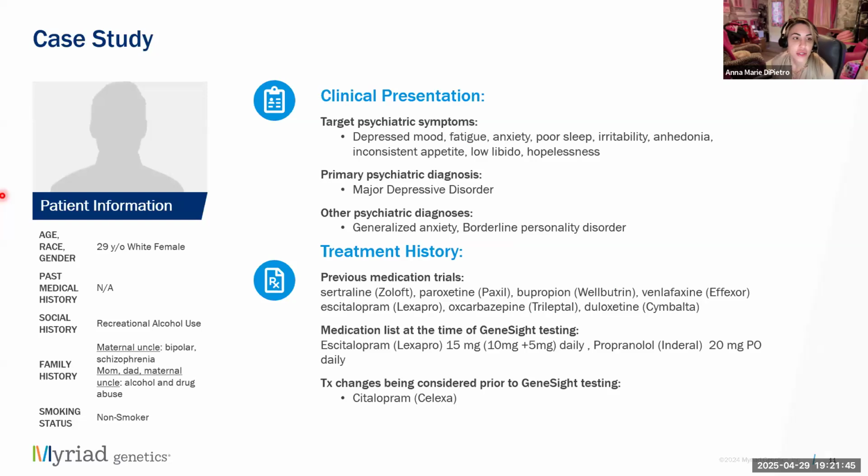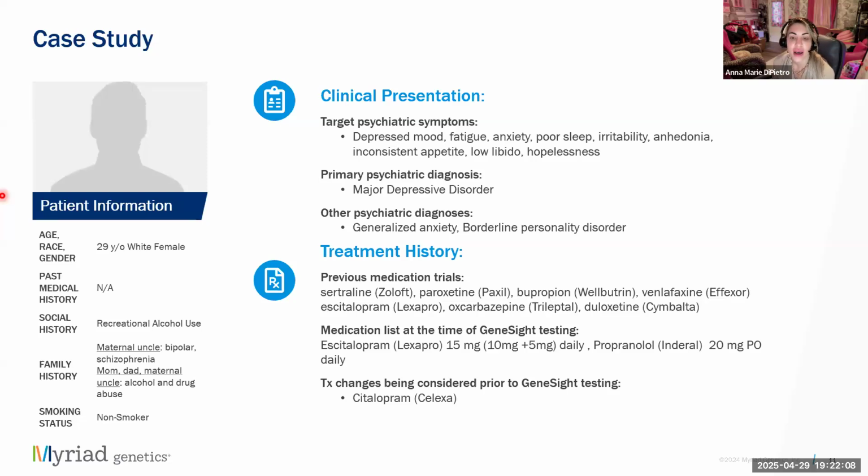Okay, great. So this is a 29-year-old female. She has a diagnosis of major depressive disorder, but also struggles with generalized anxiety as well as borderline personality disorder. She was having symptoms that included depression, fatigue, low libido, anhedonia, irritability, poor sleep, hopelessness.